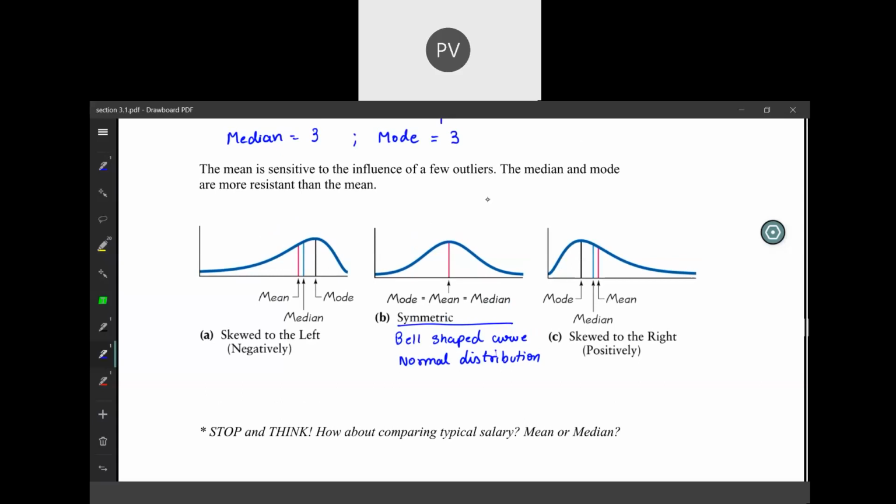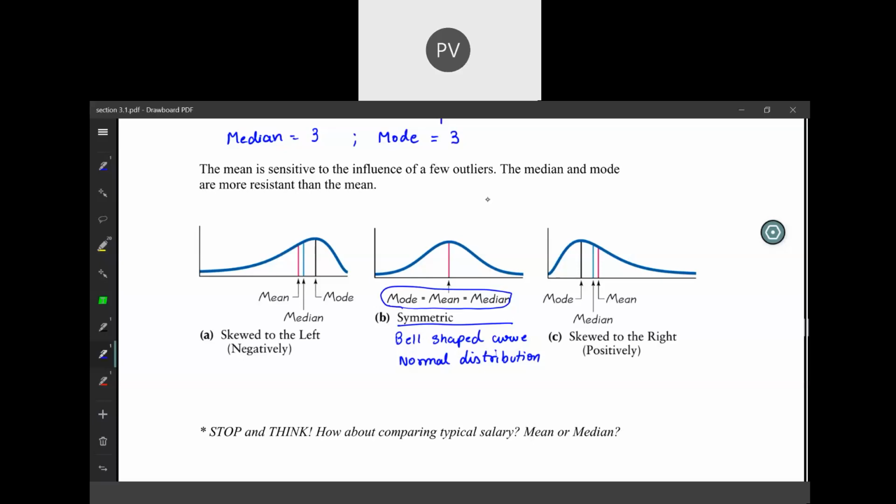Because if the variable is normally distributed, there is no need to compute all three measures of center. If you compute the mean, then the median and mode will be equal. For a normally distributed graph, mode, mean and median are all the same.